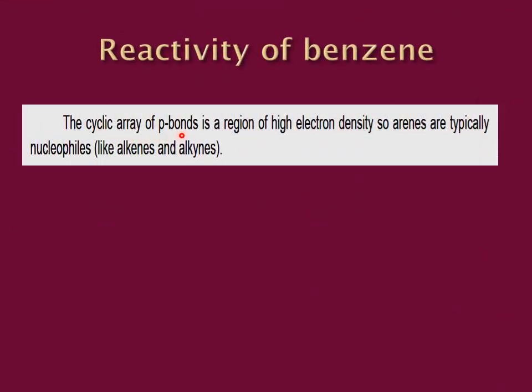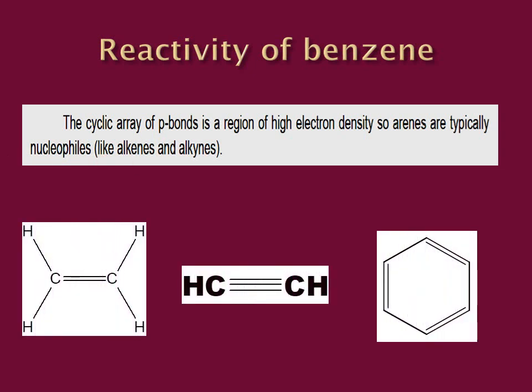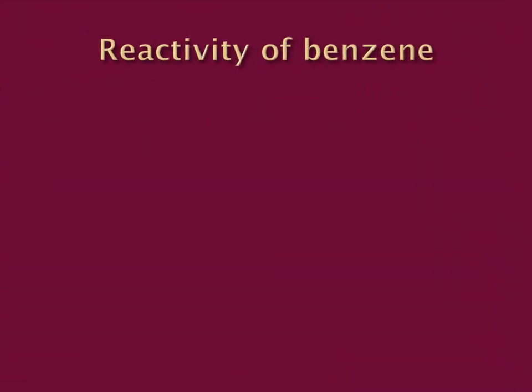So arenes are typically nucleophiles just like alkenes and alkynes because they also have a pi system. Alkenes and alkynes are also nucleophilic, and benzene having double bonds also shows nucleophilic character. But students, alkenes and alkynes undergo addition reactions.